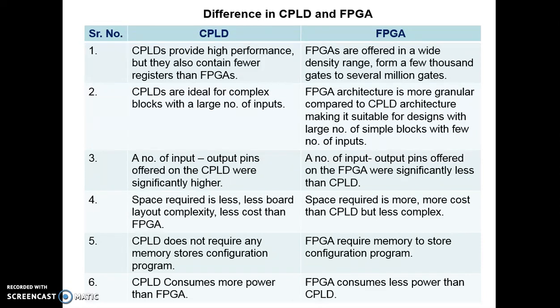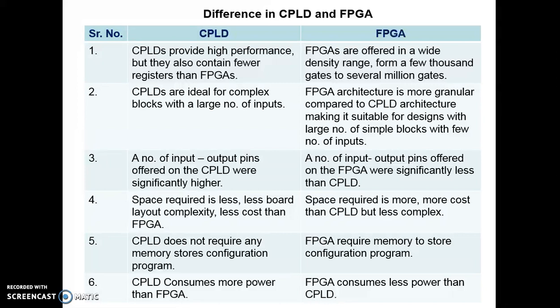CPLDs are ideal for complex blocks with a large number of inputs. FPGA architecture is more granular compared to CPLD architecture, making it suitable for designs with a large number of simple blocks with a few number of inputs.